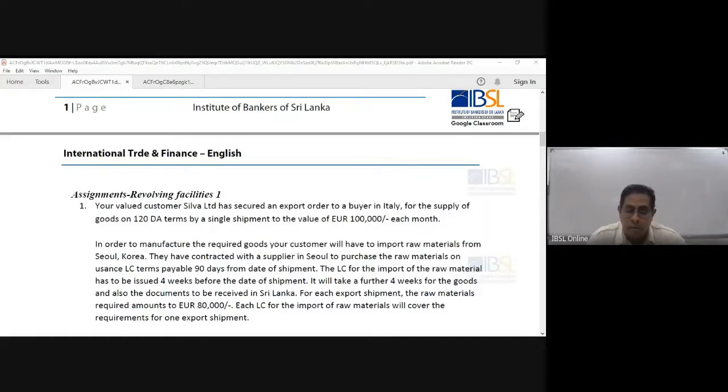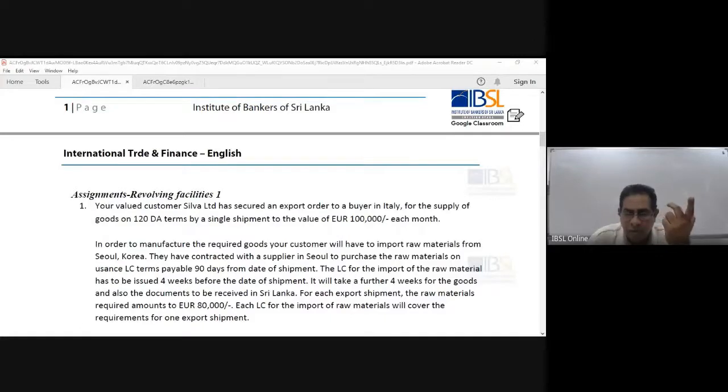So CIF, CFR, FAS and FOB, those 4 Incoterms could be used exclusively for sea and inland waterways. So you can eliminate FAS and FOB, that is free alongside ship and free on board, because in both trade terms, if you go through the A3 carefully, the seller need not contract for carriage.